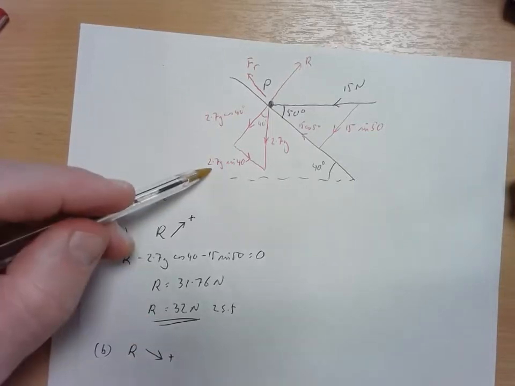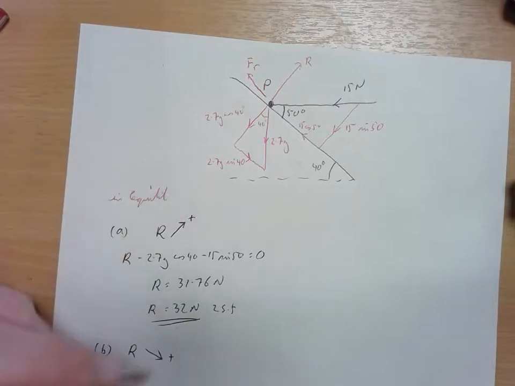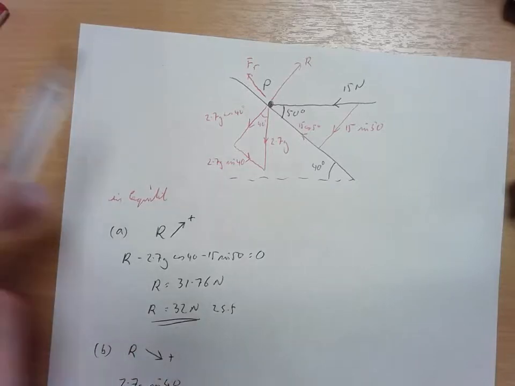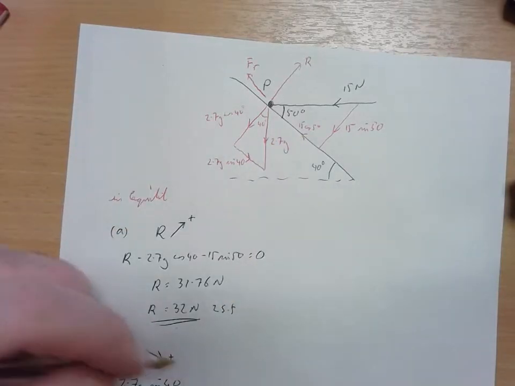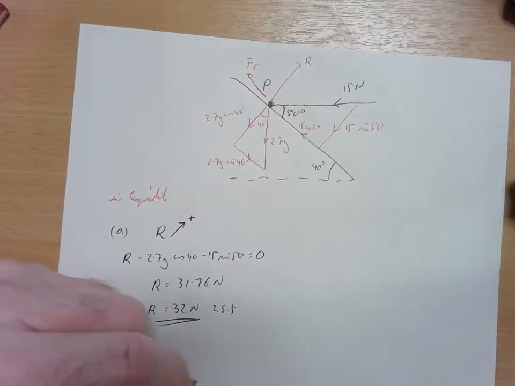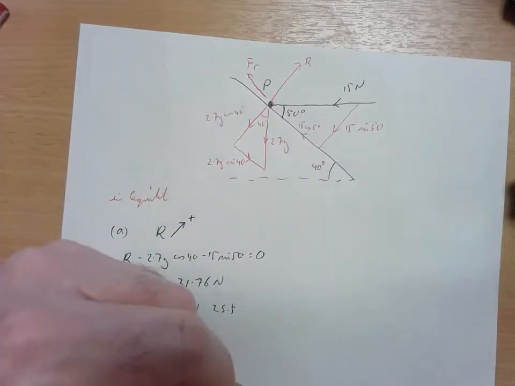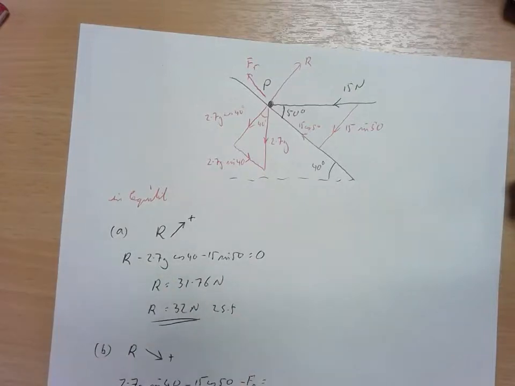I've got 2.7 G sine 40, and I've got that force acting up the plane, so minus 15 cos 50, and I've got friction acting up the plane, minus friction. It's in equilibrium, on the point of slipping, but in equilibrium, so that equals 0.